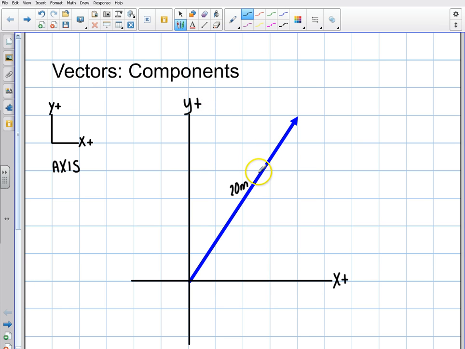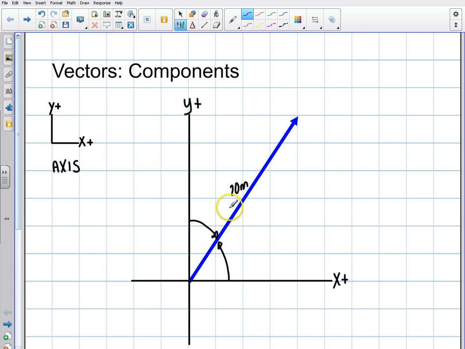So the next question is this. I know that the vector is between them, and there is now an angle between them. I could define that angle from here to here, or I could define it from here to here if I wanted to. So which one do I use?